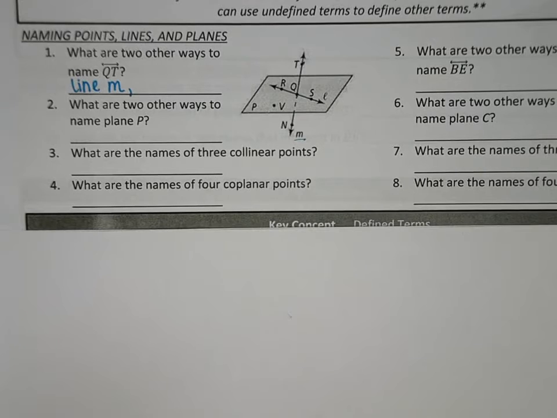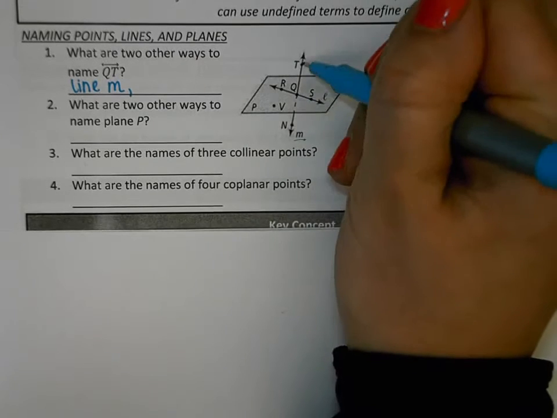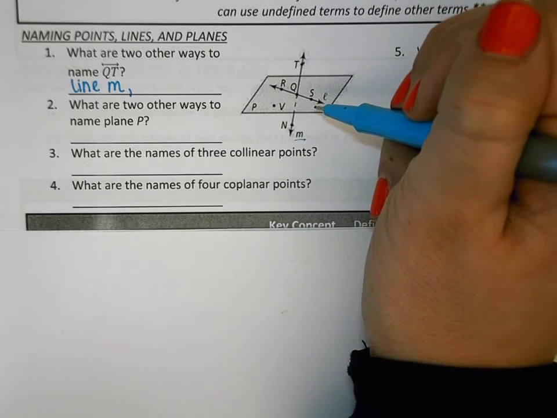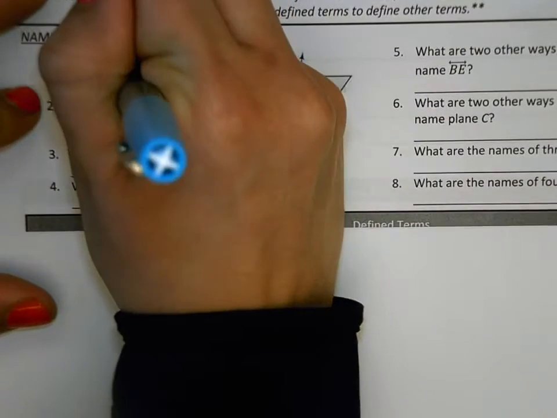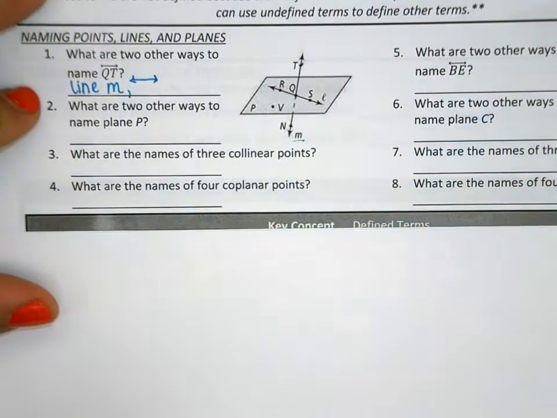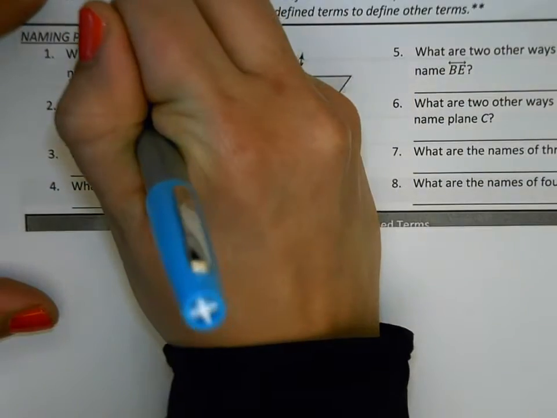So what are other ways that we could name line QT? What are some other points on line QT? What do you guys think? TQ. Could I do TQ? Just flip-flop the letters? Yep, so you draw your line above it. TQ. That works.